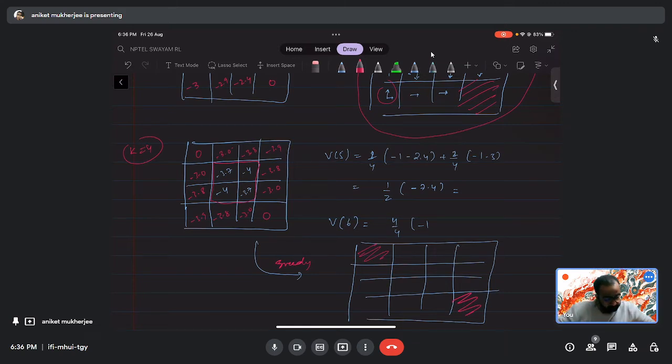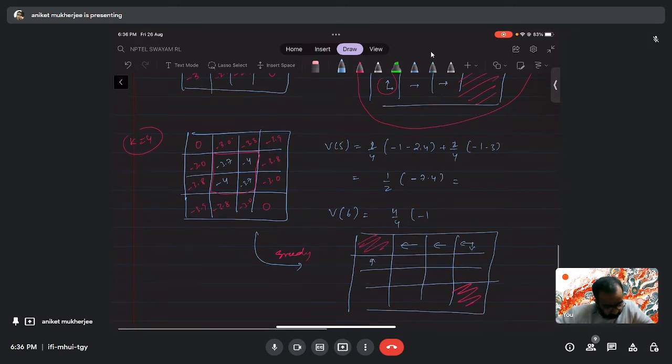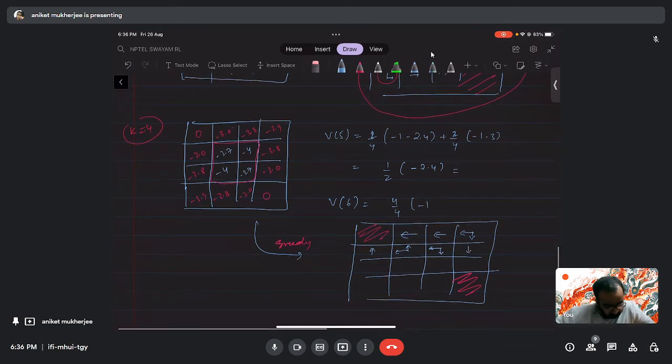Left, left or down, and then up, left or up, and then left or down, and then this is going to be up or down. No, never mind, it's down.